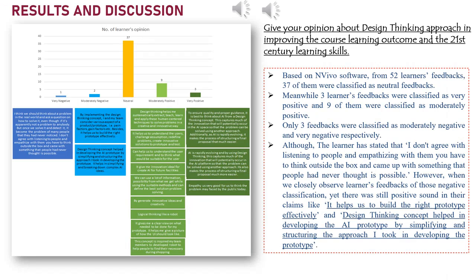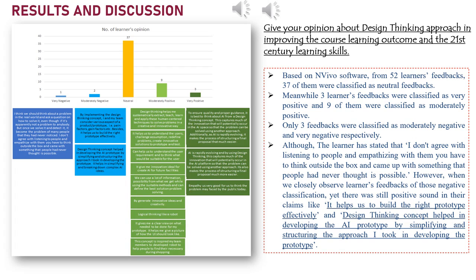To further justify the effectiveness of the design thinking approach implementation, the open opinions from both full-time and part-time learners were collected. The opinions were then fed into NVivo Plus 12 software to generate the thematic and sentiment analysis. The following figure shows the sentiment analysis of opinions from the learners on the design thinking approach implementation.